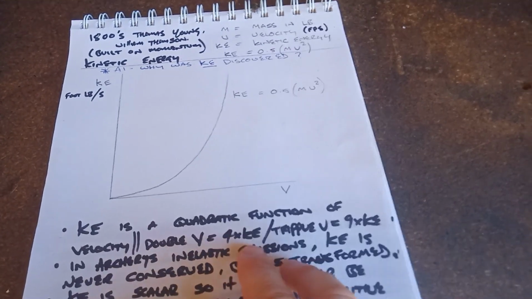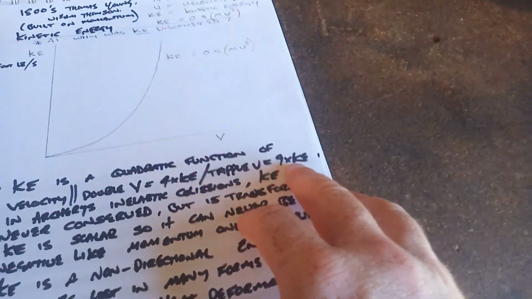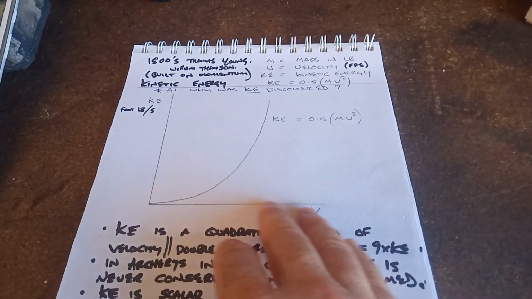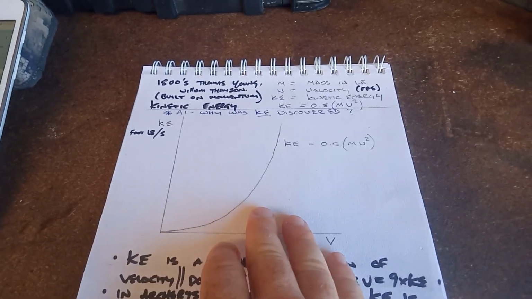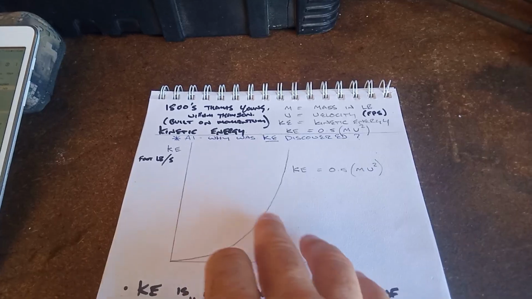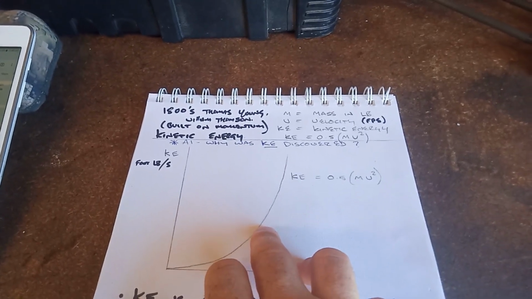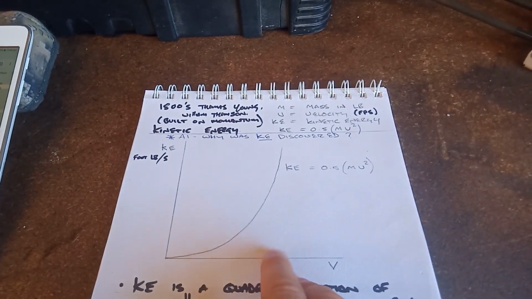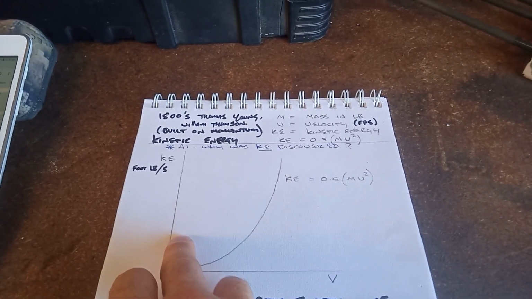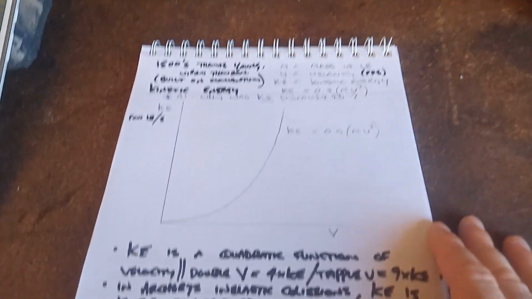If we triple velocity, we get 9 times the kinetic energy. So the more velocity we feed into the kinetic energy equation, the resulting energy outcome goes up exponentially. So it favors velocity. The more velocity we put into this, the more energy we should get out of it, right?